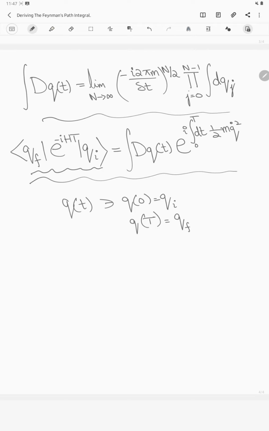Now, again, note that we have started off with what is called a free theory, where v is equal to 0.